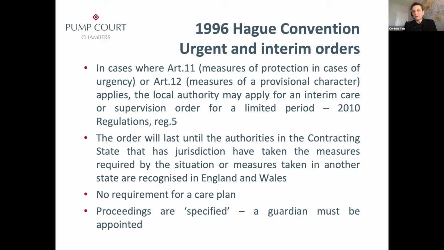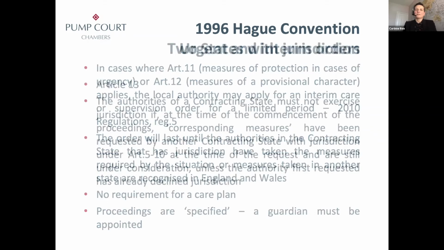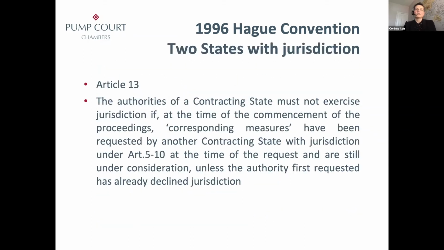There's no requirement for a care plan that is specifically spelt out in the regulations. The proceedings are specified, and so a guardian must be appointed. So it's sort of parallel to Article 20 on the Brussels II revised, but also subtly different, and there are some specific provisions about going about it in the regulations. Scenarios where there are two states with jurisdiction are dealt with in Article 13.